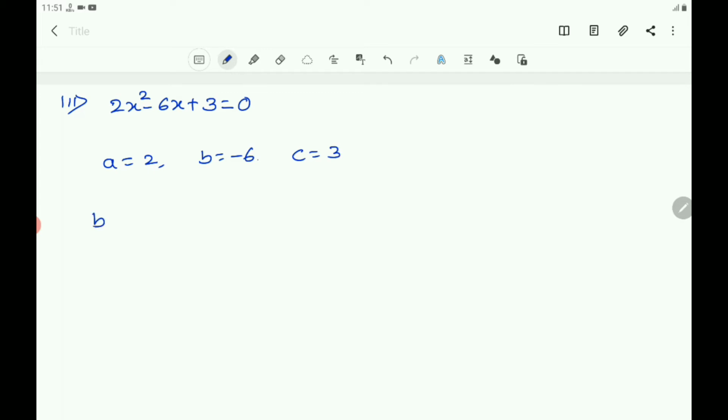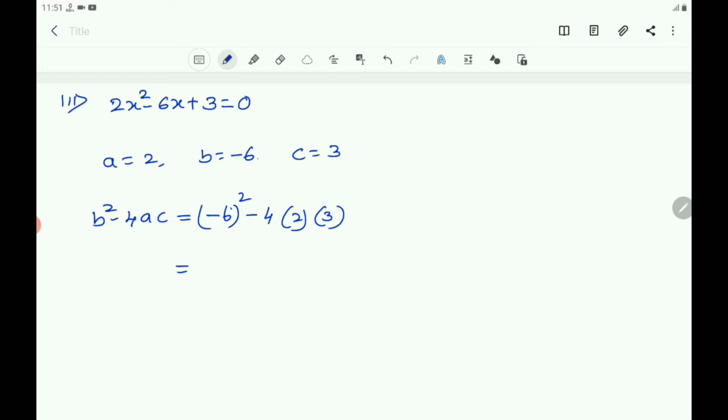Then write b² − 4ac and find its value. b is −6, so b² is (−6)², minus 4 × 2 × 3. (−6)² is 36, minus 4 × 2 is 8, 8 × 3 is 24. So b² − 4ac = 36 − 24 = 12.